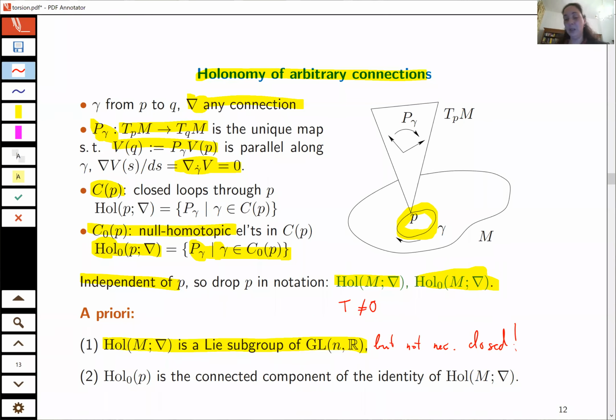And we know that non-closed Lie subgroups are bad news. This is a pathological case. In general, it doesn't happen, but there's no theorem guaranteeing it, which is a pity. I would love to have such a theorem. We do know that this is the connected component of the identity of the full holonomy group, but not much more than that.